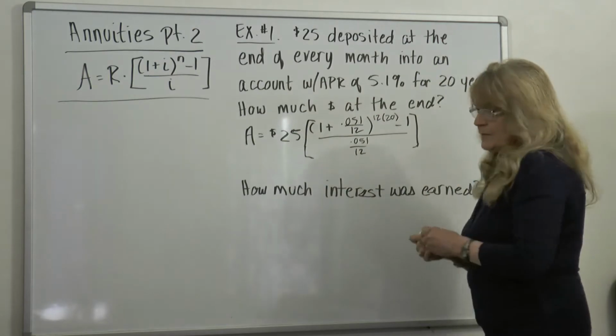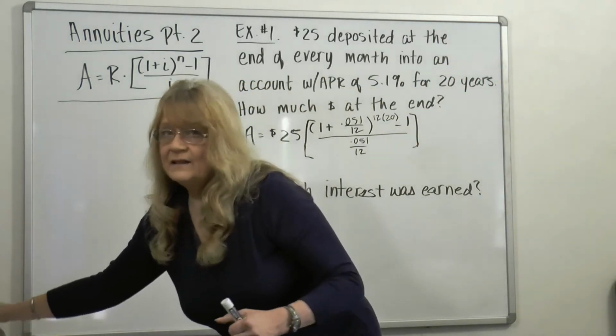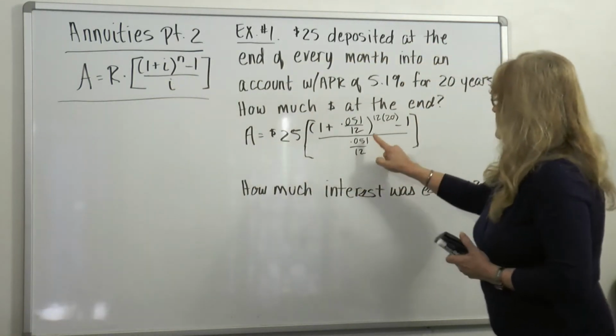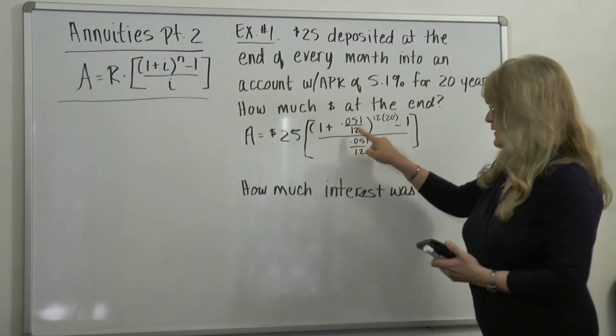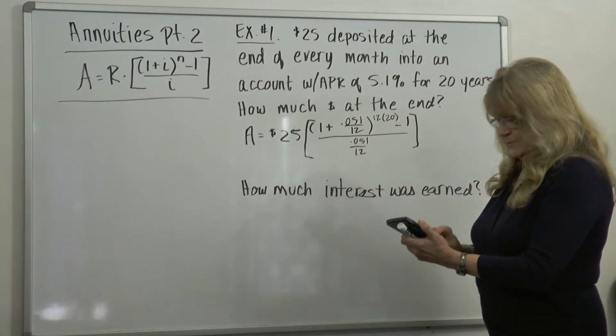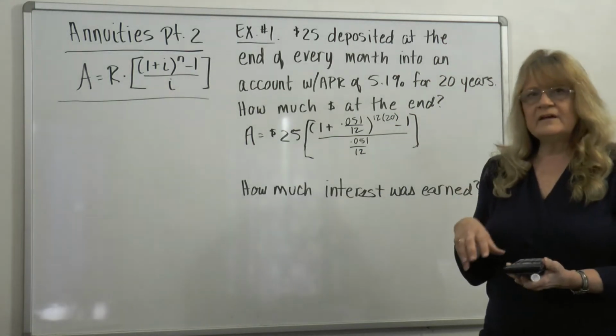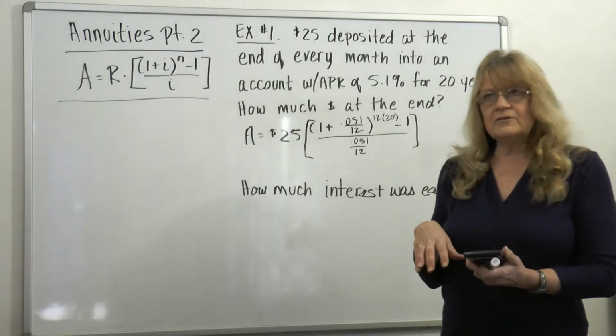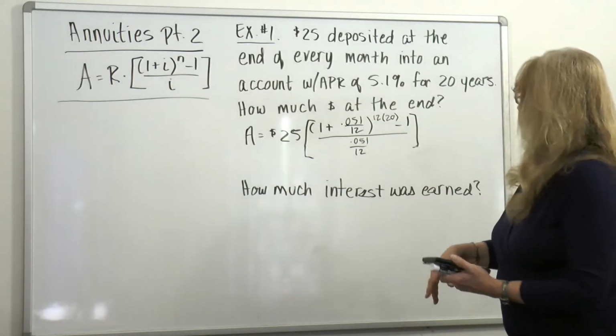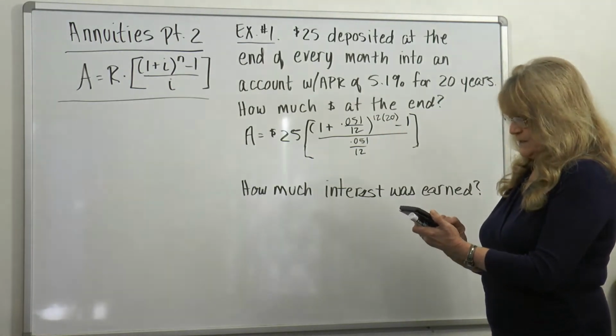Okay. The easiest thing I think to do is to take this and figure out what that is. So 0.051 divided by 12. And more than likely your calculator is going to give it in scientific notation, which is confusing. So then go ahead and add the 1 to it.